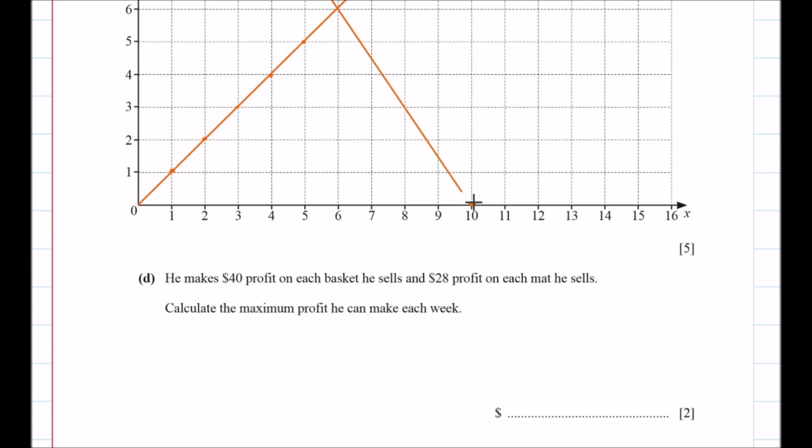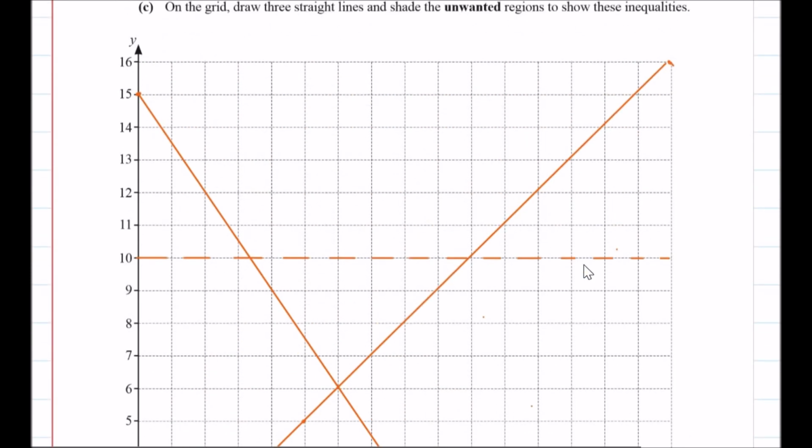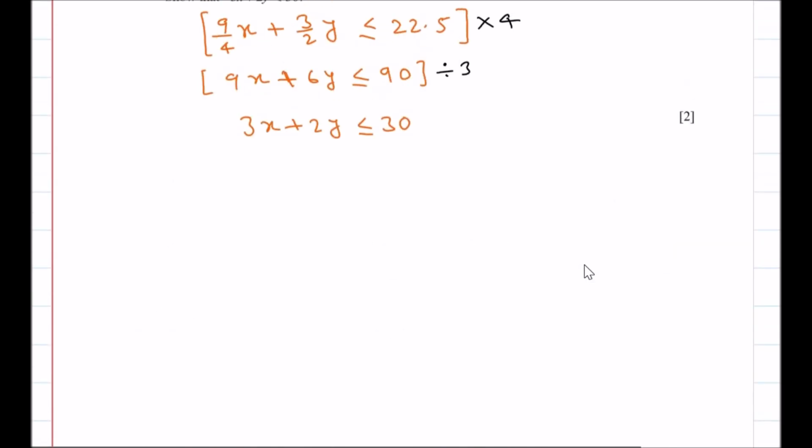So up to 10, 0. The third line we have drawn.